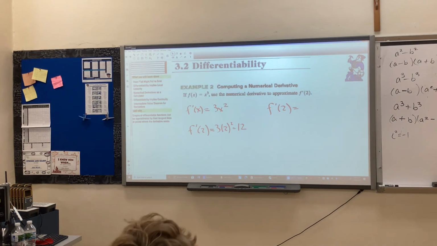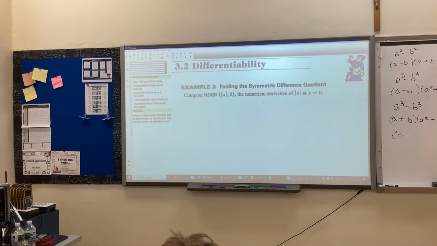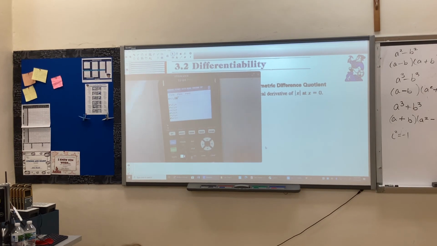Okay, so here we have this problem. Find the derivative of the absolute value function at x equals 0. In your y equals, you take out x cubed and put the absolute value of x. Absolute value is under math; cursor over to num, and the first one, abs, is the absolute value.